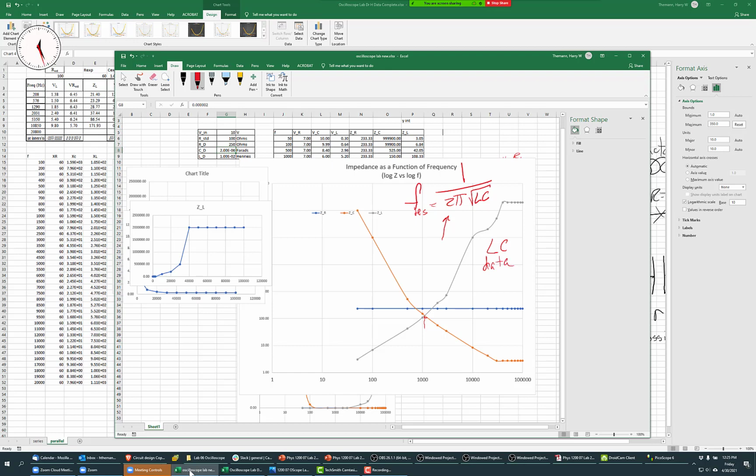There's an hour left. Let's make sure that we include the F resonance. And I have that already there. Okay, I have a spreadsheet prepared for us in Google Drive.